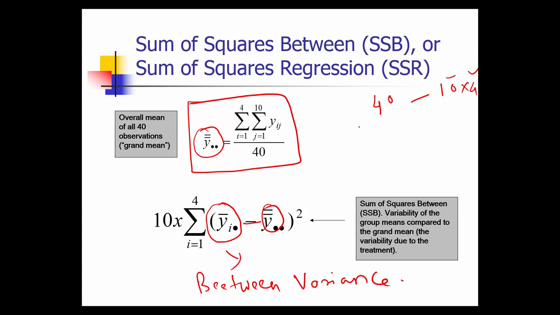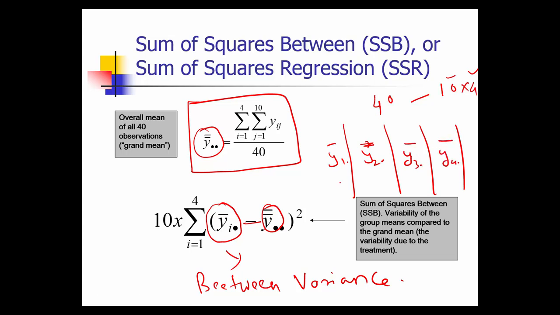Now we have 4 treatments, and each treatment has a mean: Y1 dot bar, Y2 dot bar, Y3 dot bar, Y4 dot bar. There are 4 means, and you take these 4 means to calculate the grand mean. There you take the variance, and then multiply with 10, because there are 10 observations, and we call that SSB, sum of squares between, or the between variability, in short.